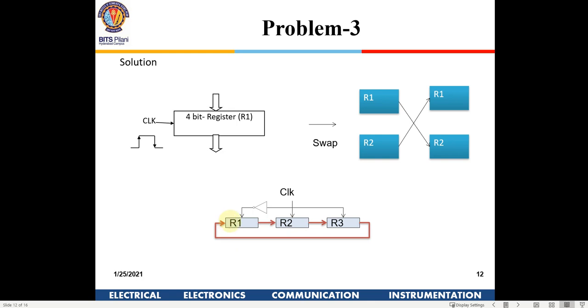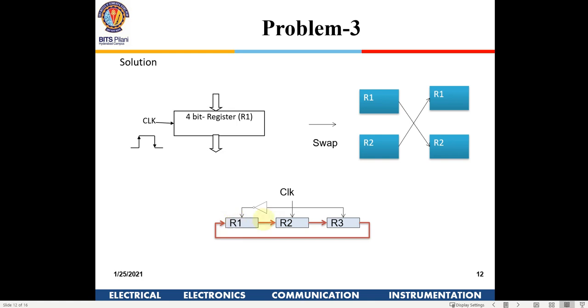But since it is an edge triggered register, whatever is in R1 will again come back to R2, and the data will keep shifting continuously from R1 to R2 and R2 to R1.